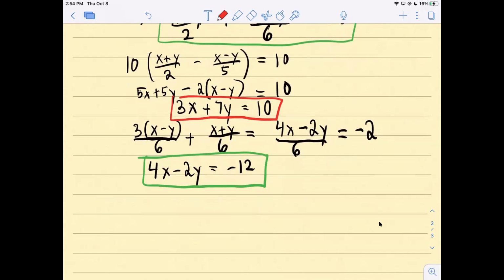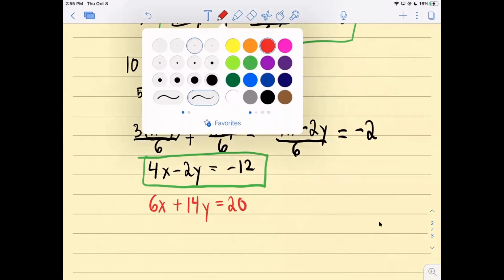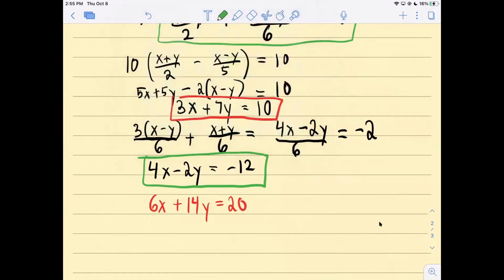We can multiply the first one by 2. That would be 6x plus 14y is equal to 20. And then the next one would be 4 times 7, which would be 28x minus 14y. And what's negative 12 times 7? 84. Nice.